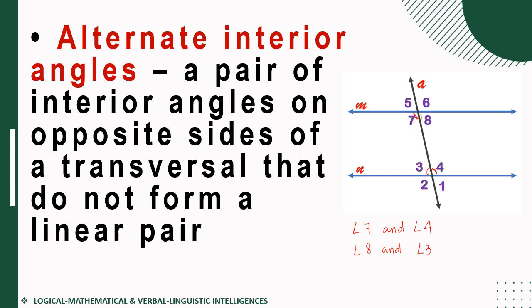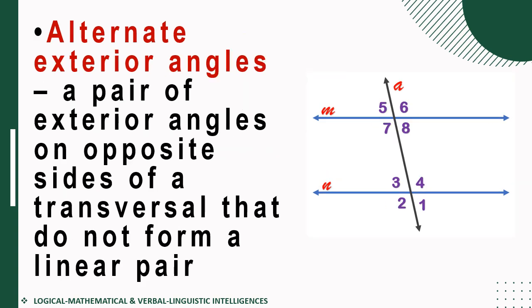Okay. So next, alternate exterior angle. A while ago, we gave an example for alternate interior, but this time we're gonna have alternate exterior. That means we're going to focus on the angles formed outside the parallel lines. That includes angle 5, 6, 2, and 1.